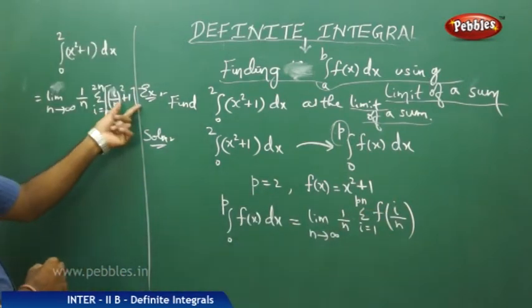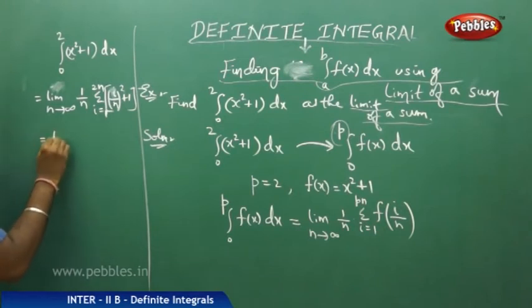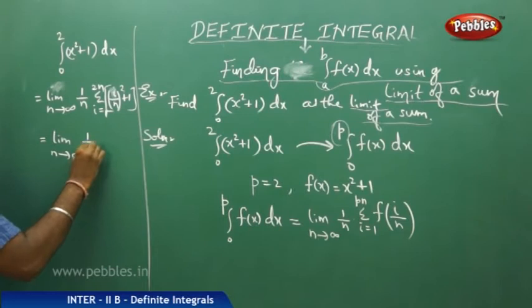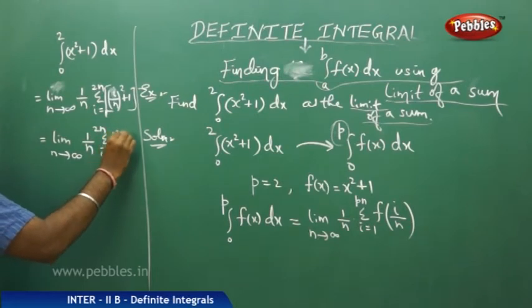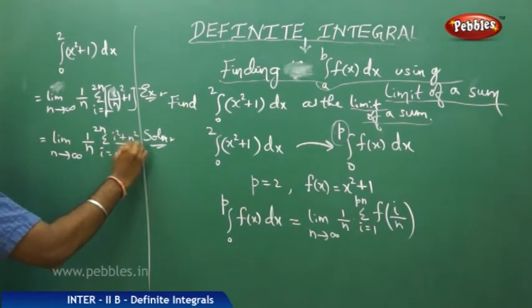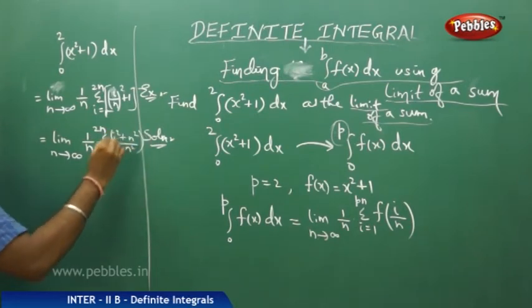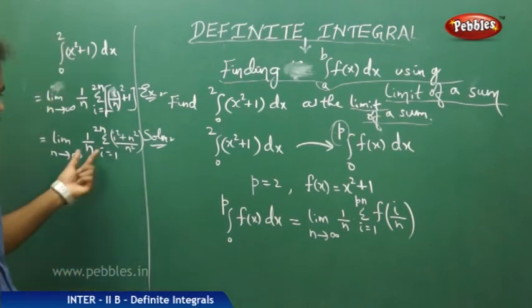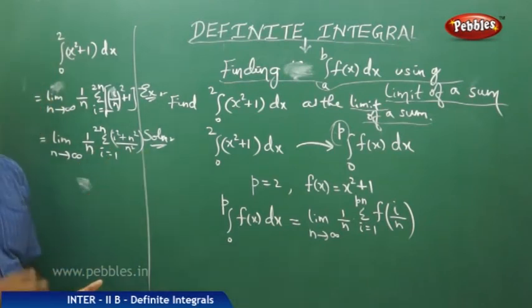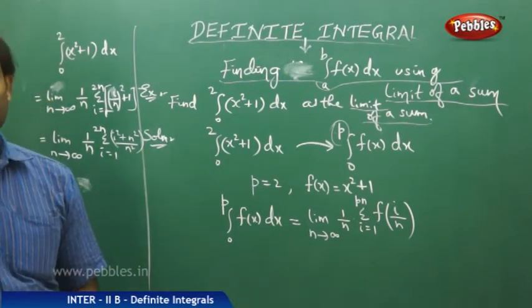So this reduces, and on further simplification, the limit as n tends to infinity of 1 by n sigma i running from 1 to 2n of (i squared plus n squared) by n squared is what we get as the limit. Now the question comes on how we expand this summation and then use the respective formulae.